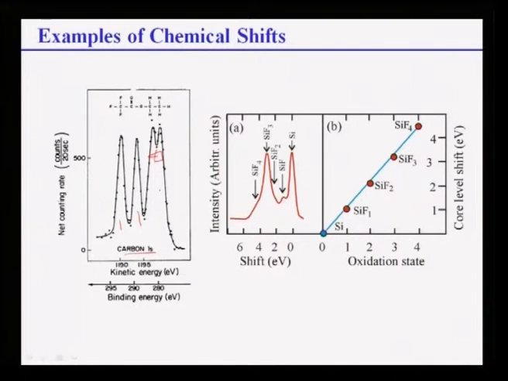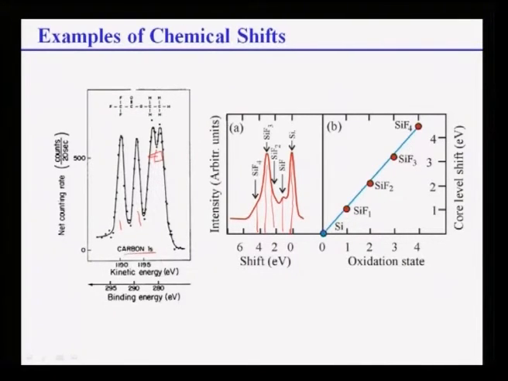Now, if I look at silicon, pure silicon is here. As you see, this is close to almost 0, then SiF, SiF2, SiF3, SiF4. As you keep on having more and more fluorine ions attached to silicon from 1 to 4, the chemical shift increases.